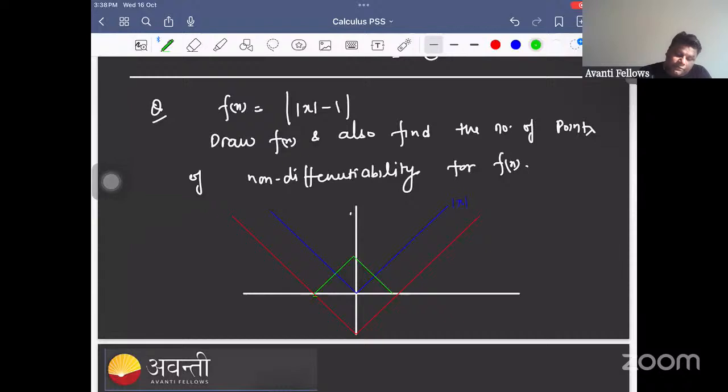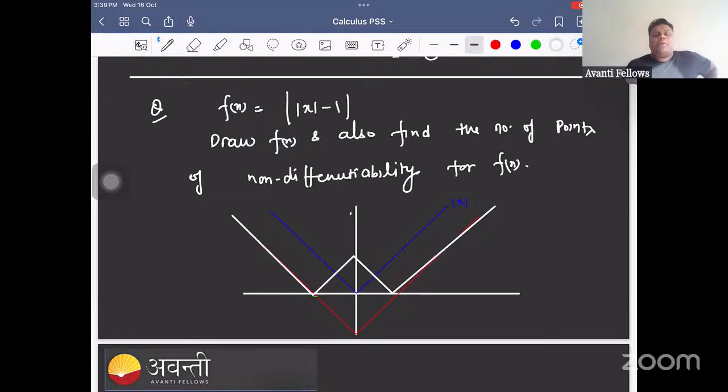Now they are asking for, finally, the graph is like this. This, then this, then this, and then this. Got it? This is the graph of mod of mod x minus 1.